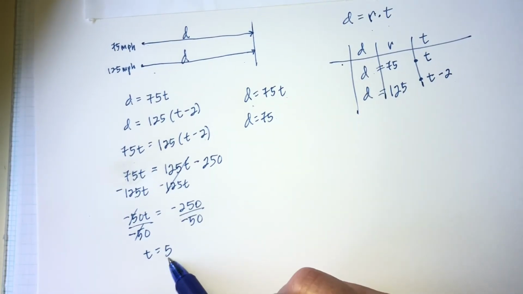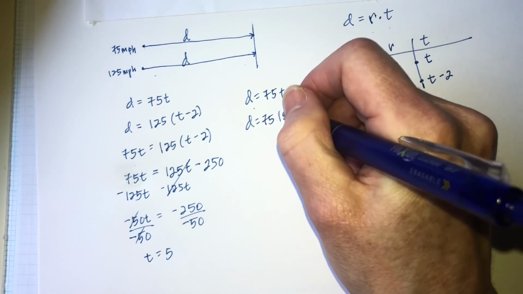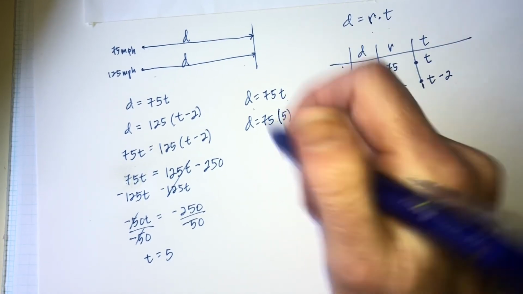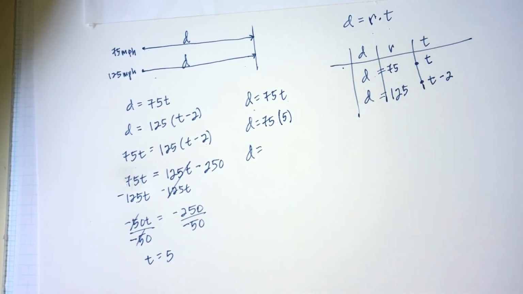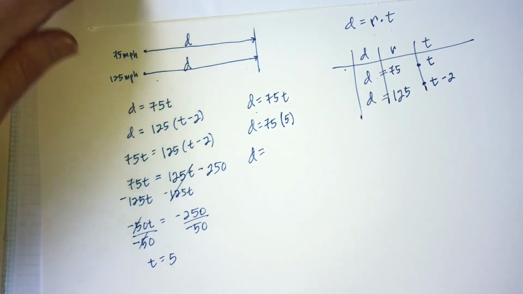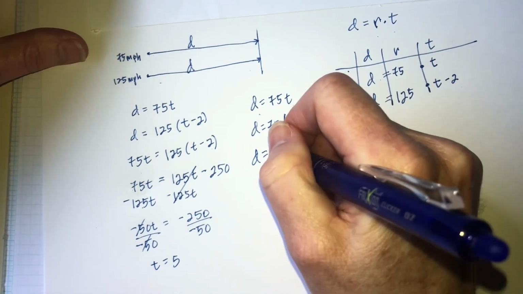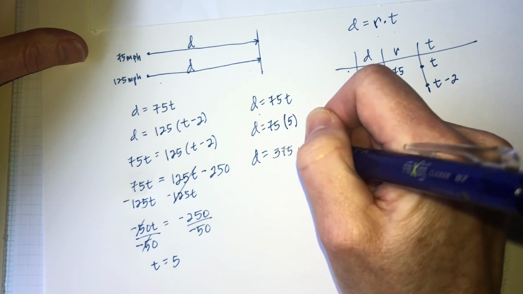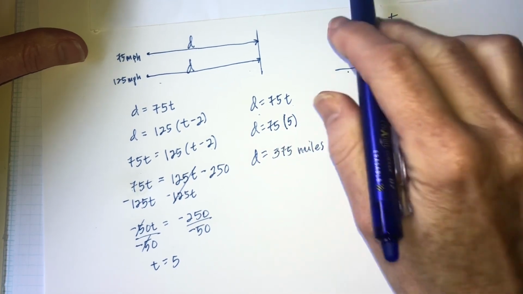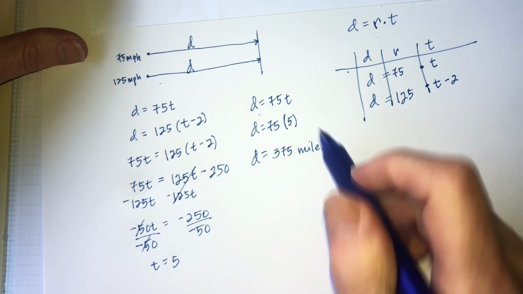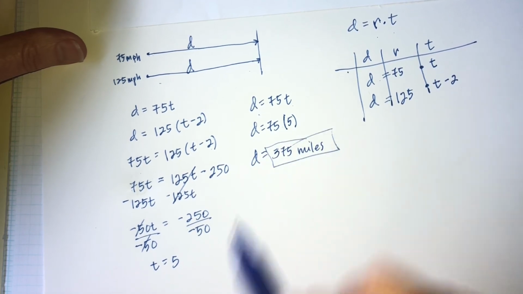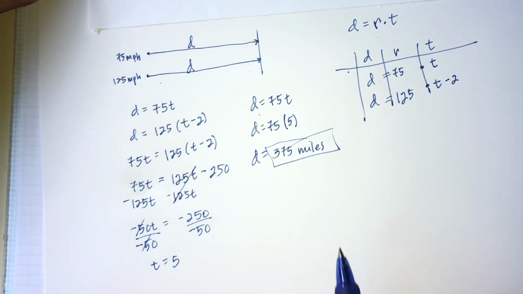We're substituting the 5 we got down here. And we'll multiply that out, using a calculator is fine, and we get d equals 375 miles. So miles is the units, because we were talking about miles per hour. And so that is our final answer, and that is how to solve a distance, rate, and time problem.